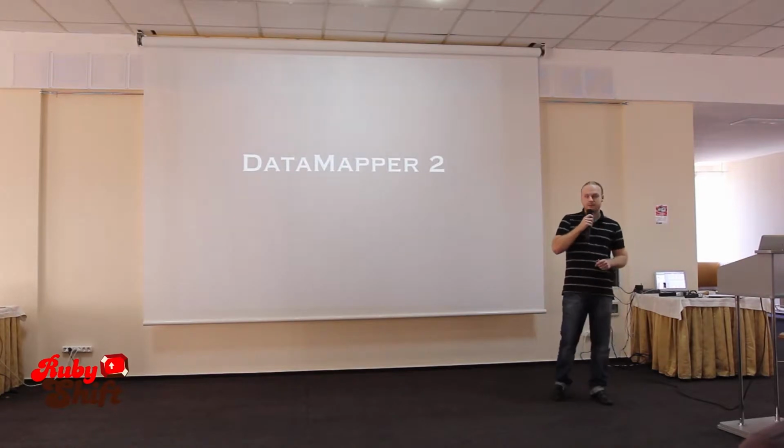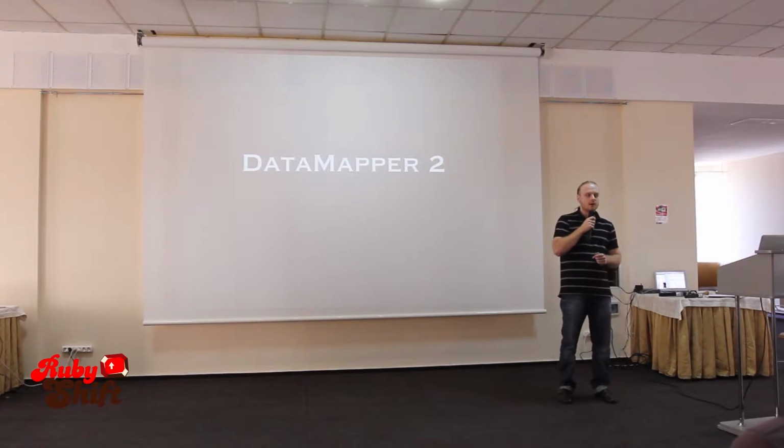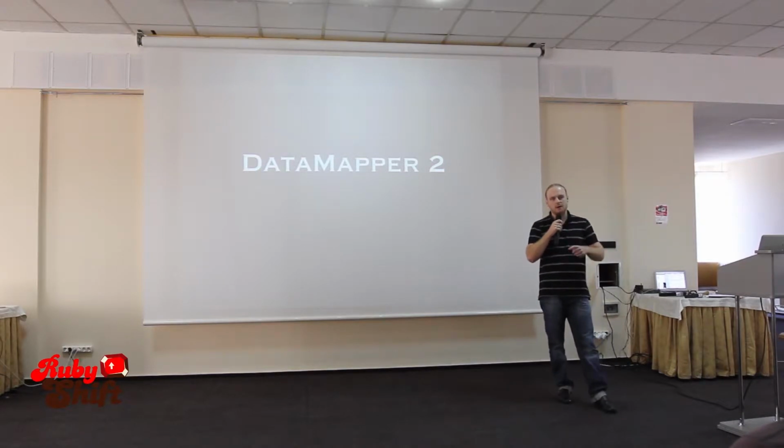And this is what leads us to DataMapper 2, because all those experiences that we've had with Active Record made us realize that we just don't want to use Active Record. And one thing I should mention is that the current stable version of DataMapper, DataMapper 1, is actually an Active Record. So we have some DataMapper-ish functionality built in, but at its core, it's still an Active Record.